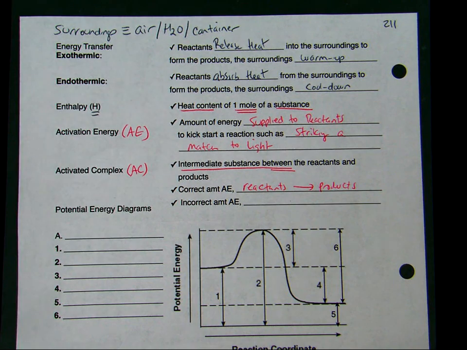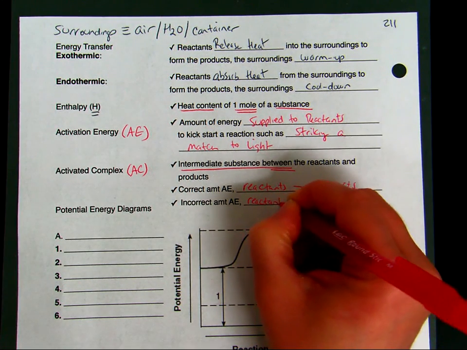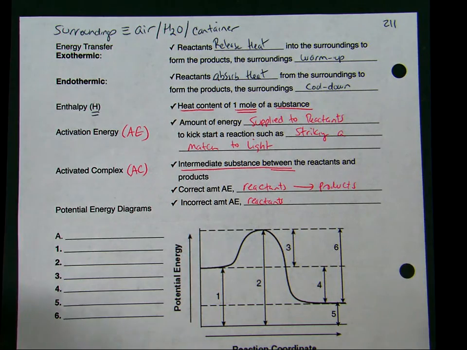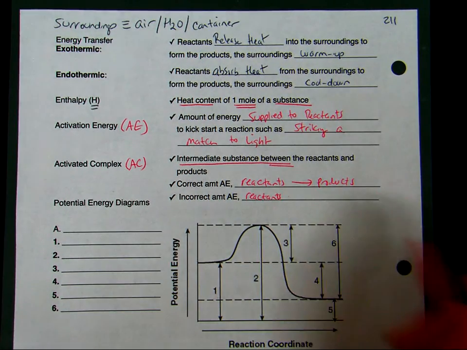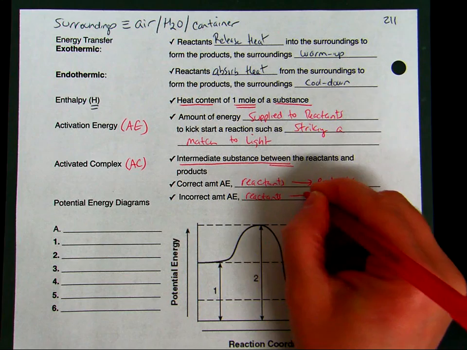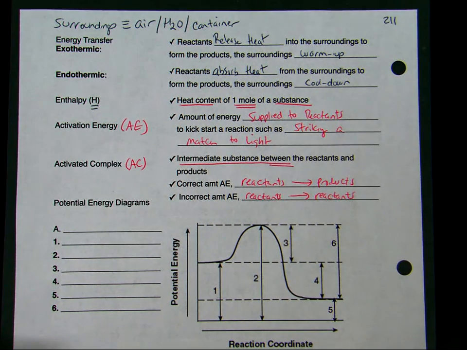If we don't supply enough activation energy, maybe we get the reactants moving around and doing some collisions, but not enough for the full reaction to occur, then those reactants will fall back and remain as reactants.